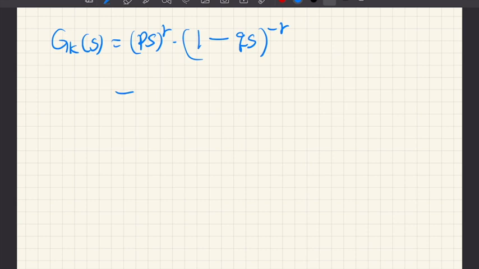Just put this in the denominator. We have ps over 1 - qs, everything to the power of r.